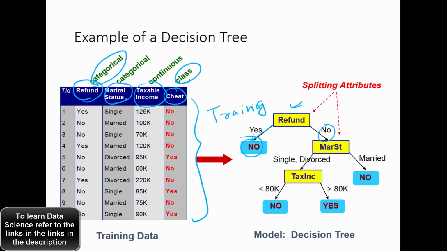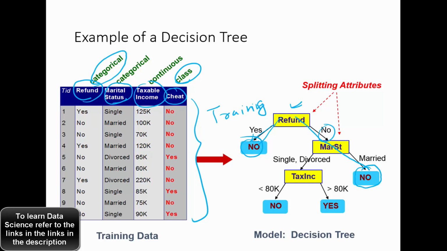If he is married, then he is definitely not going to cheat you. The only case left is if he is single or divorced, then there is a probability that he is going to cheat you, but it depends on the income.